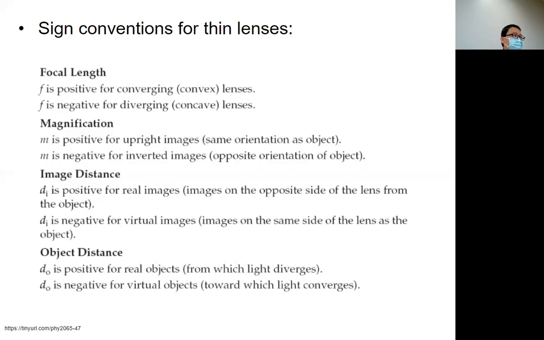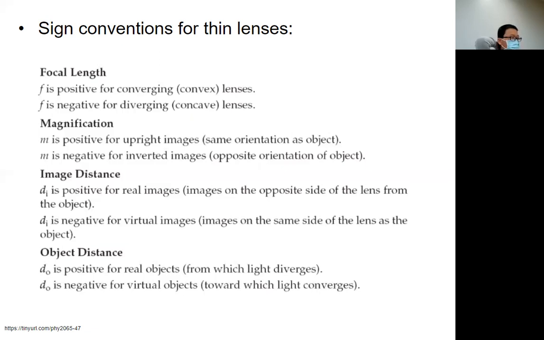Magnification is negative for inverted images or real images. The image distance is positive if you are getting real images. The image distance is negative if you are getting virtual images. The object distance is positive for real objects, and the object distance is negative for virtual objects.